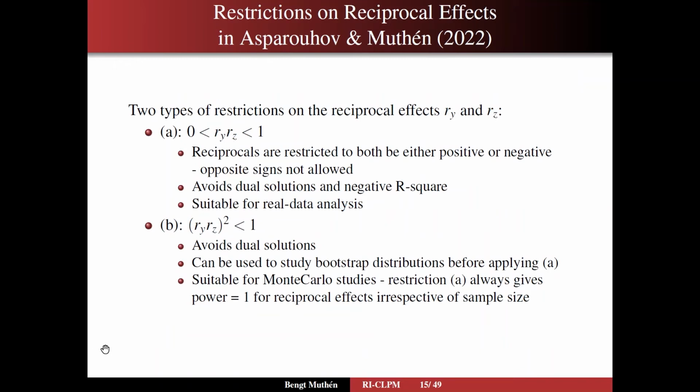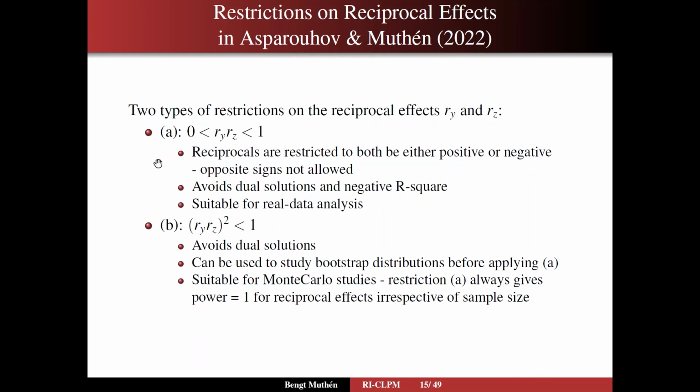On slide 15, then, I'm more explicit about the kinds of restrictions that I mentioned in our paper. Two kinds, I refer to them as restriction A and restriction B. And the reciprocal effects here, I call them RY and RZ for two variables, Y and Z. And one restriction is that the product lies between 0 and 1.